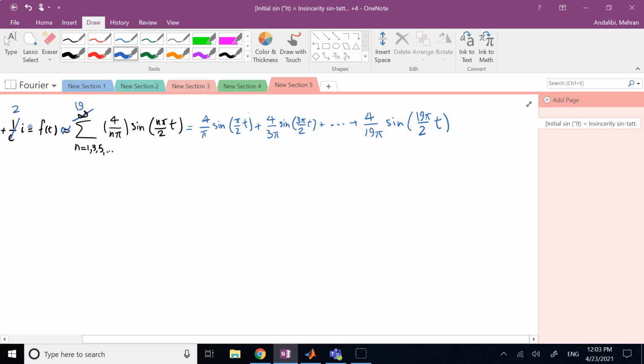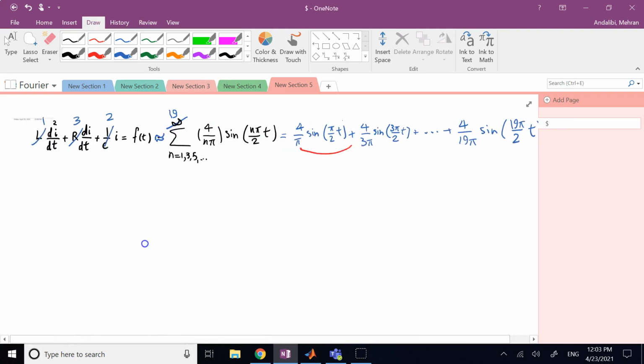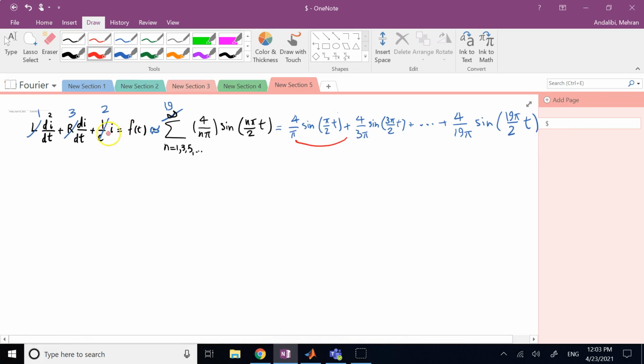Now, if I look at each and every one of these, I have only a sine. And if the right-hand side is a sine function, based on what you know, finding the particular solution for that specific sine function should not be a hard thing, correct?